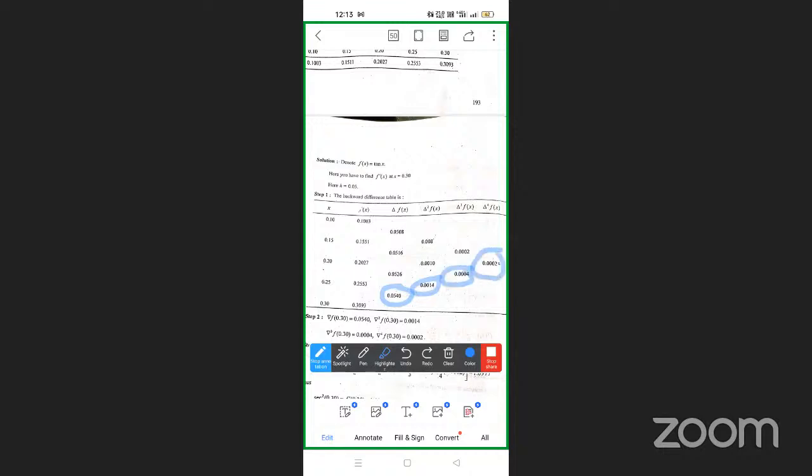These are the backward difference values: nabla f of 0.3 is 0.0540, nabla square 0.0014, nabla cube 0.0004, nabla power 4 0.0002.